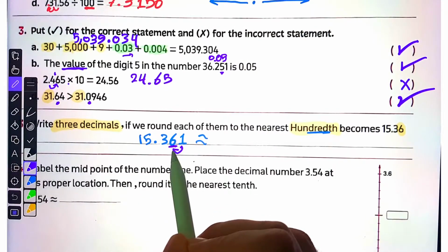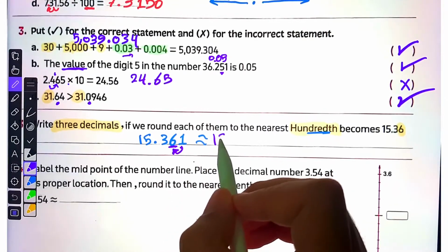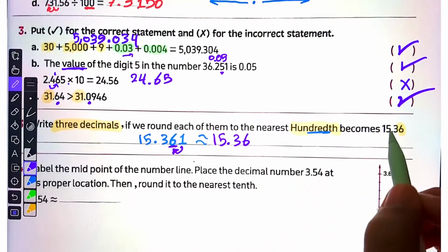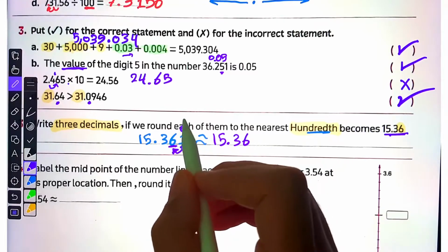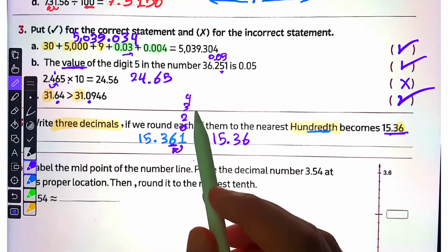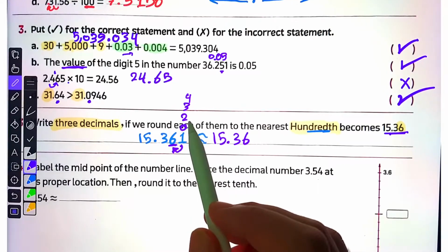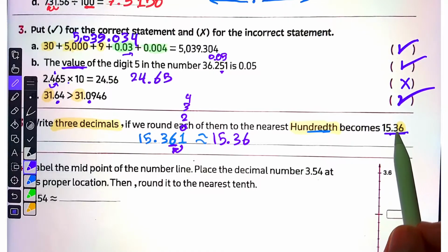So 1 can't give any more digit to 6. The answer will be 15.36 as he said. So we can change this one to be 0 or 2 or 3 or 4 because all of these numbers are poor numbers, can't give 6 anymore, so the answer will be 15.36 as he said.